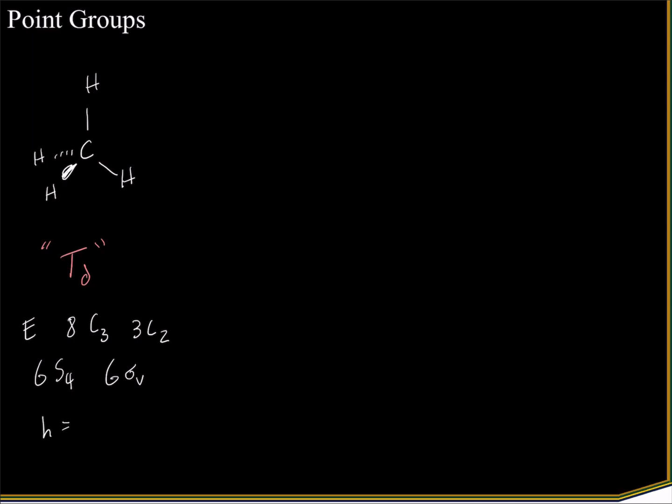So the order here is 24. This is a high symmetry point group, because there are lots of different symmetry operations that we can perform on this structure. Another high symmetry point group is one that we've drawn quite a number of times this term, and that is an octahedral complex. SF6 would be a good example of a high symmetry point group.